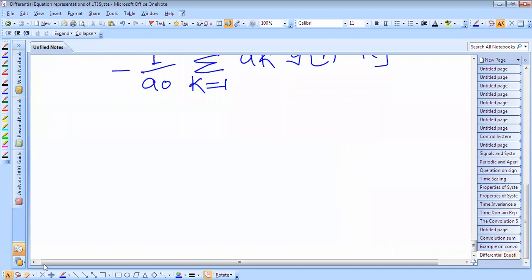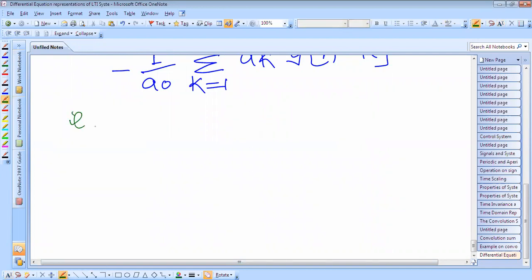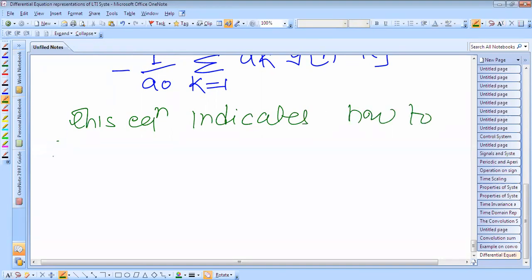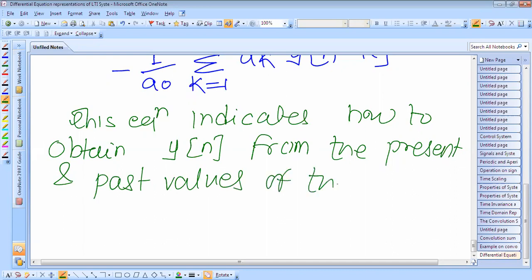From the present and the past values of the input, how to obtain y of n: from the present and past values of the input and past values of the output.